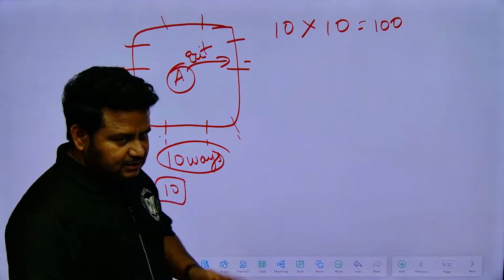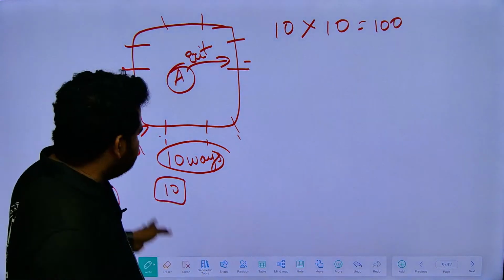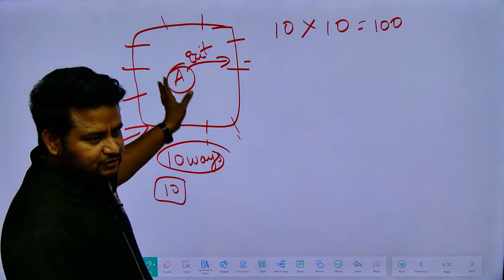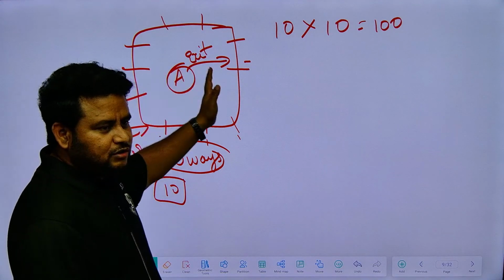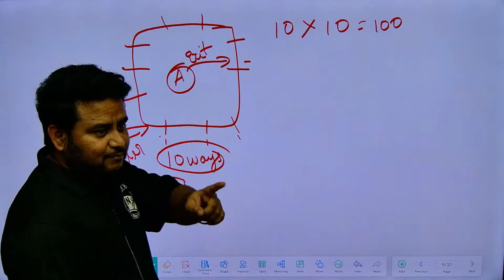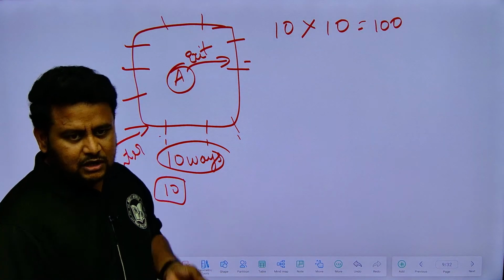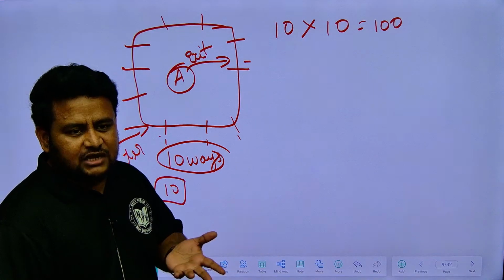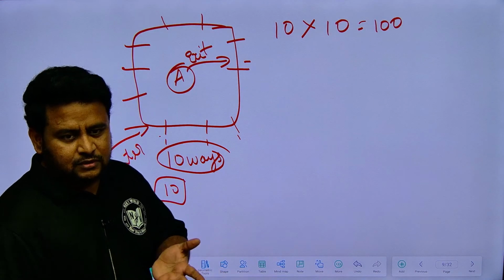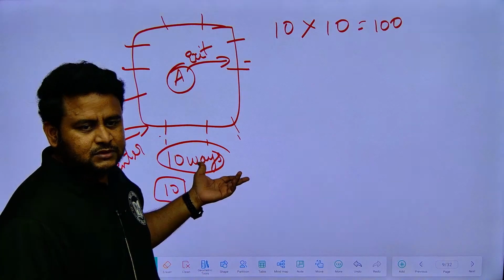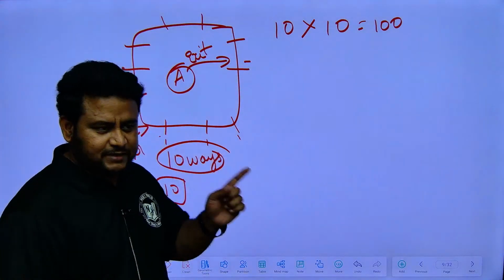Now my question is, Anusha, you have entered here. You have to come out, but you should not come out from the door which you entered. Now how many ways to come out? 9 ways. Total is 10.